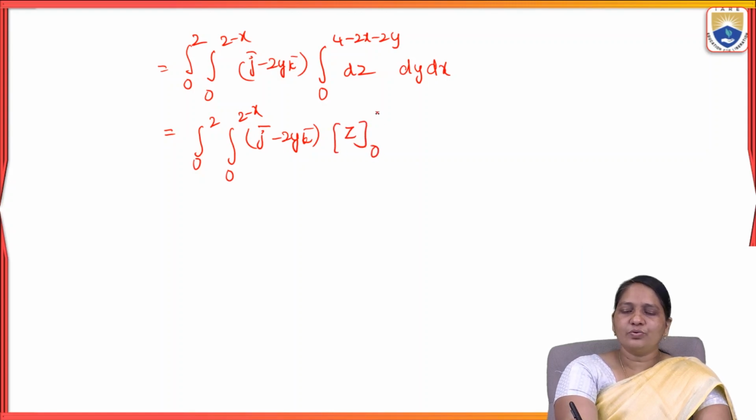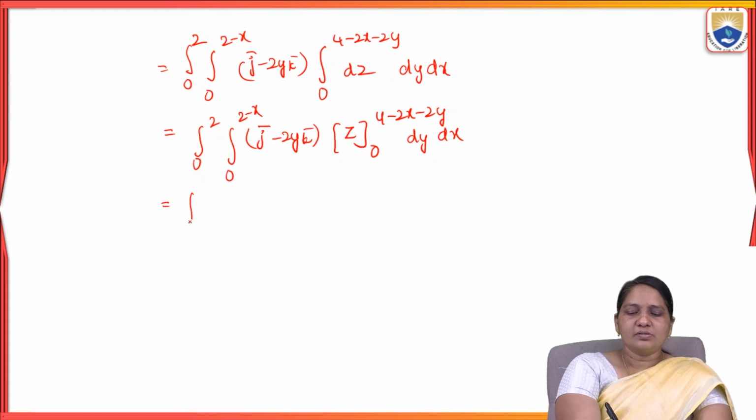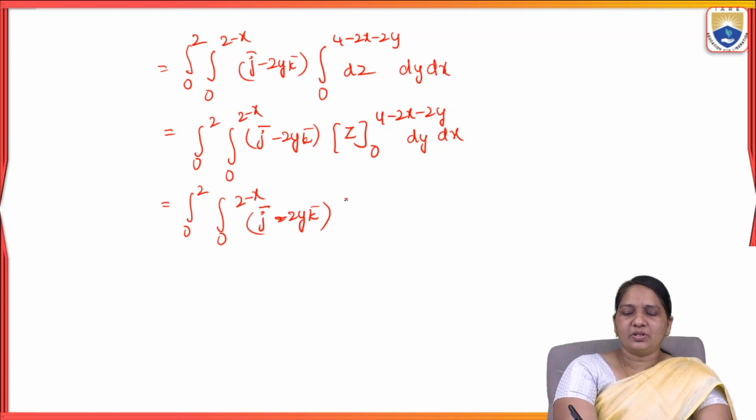Limits are 0 to 4 minus 2x minus 2y into dy dx. Now we are substituting the limits, 4 minus 2x minus 2y minus 0, dy dx.